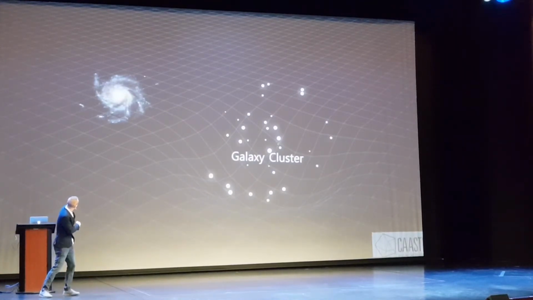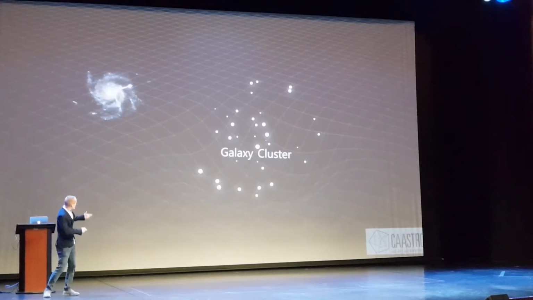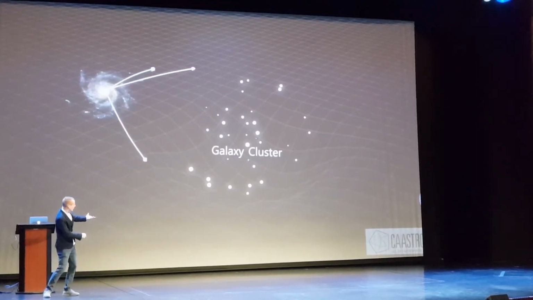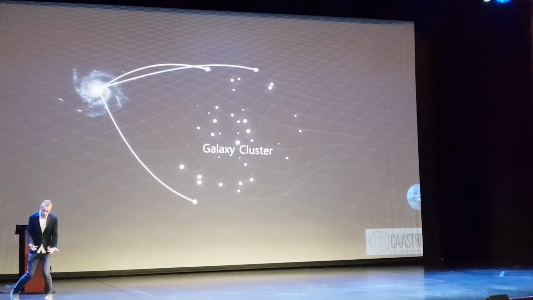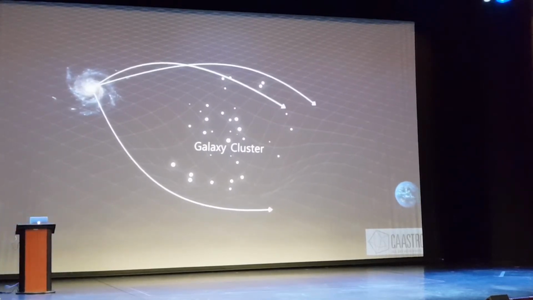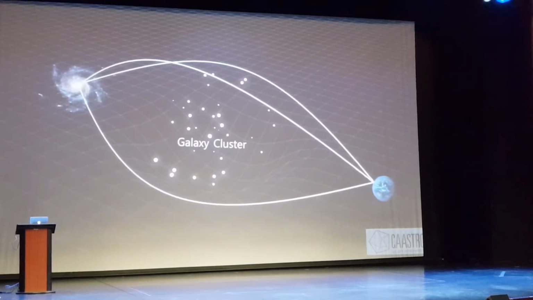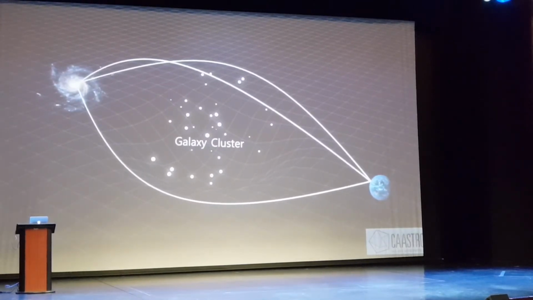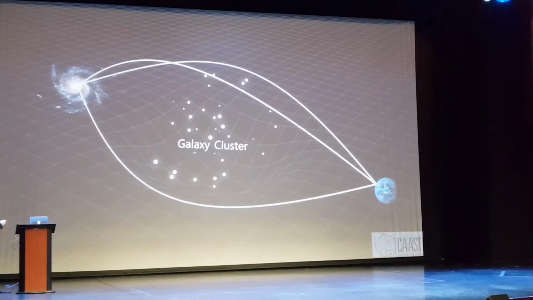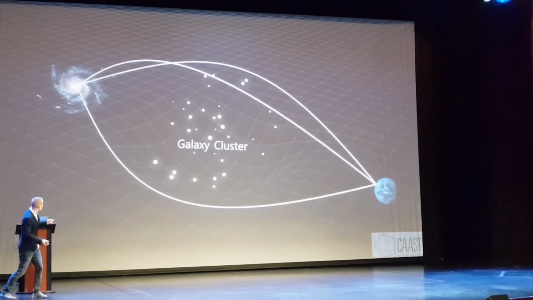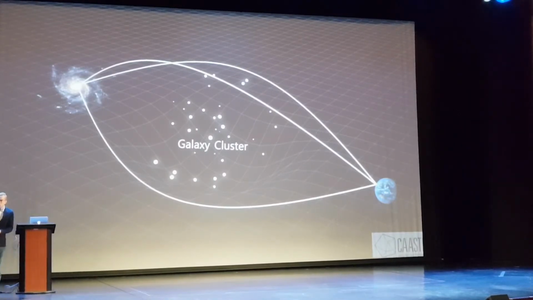If we have a galaxy over here, and a big clump of invisible matter, that invisible matter is distorting the space around it. As these photons travel towards us, they're taking the shortest path, even though here it looks like they're taking a less direct path. This is the shortest path in that curved space. So when we project it like this, it ends up looking distorted.